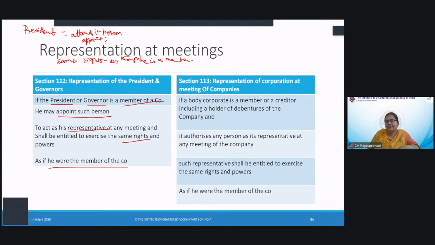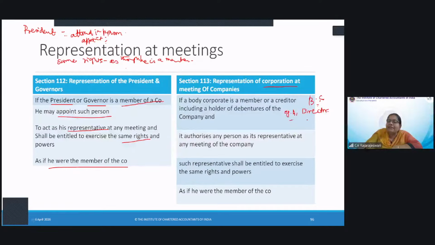That is the meaning. Now, what does section 113 say? 113 says representation of corporation at meeting of companies. If a body corporate is a member or a creditor, including a holder of debentures of the company, and that body corporate authorizes any other person as its representative, it cannot come and attend, right? So if a company is a shareholder, then it can only act through its director, or it appoints, for argument's sake, Mr. A, the director of the company, to represent that body corporate.